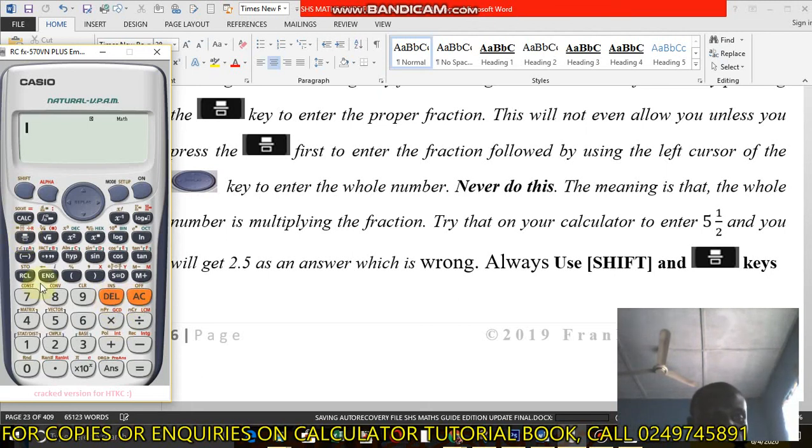So students first enter the fraction container, then fill in the container with the fractional part of the mixed fraction, that is 1/2. Then they click on the left cursor to position the cursor behind the fraction to enter the whole number.